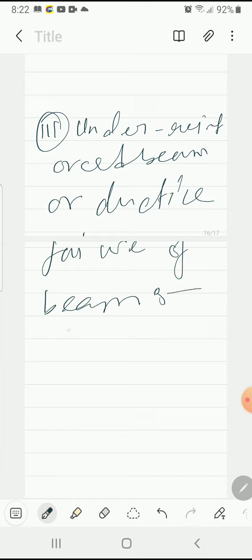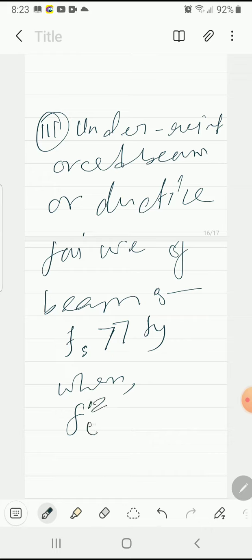In this case, fs will be far greater than fy when fc equal to f prime c.